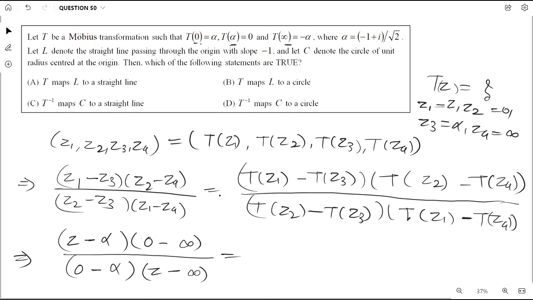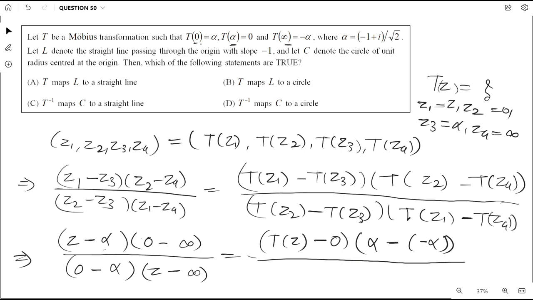On the right hand side, just replace all these by their images. We get (T of z minus T of alpha, which is 0) into (T of 0, which is alpha, minus T of infinity, which is minus alpha), divided by (T of 0, which is alpha, minus T of alpha, which is 0) into (T of z minus T of infinity, which is minus alpha).